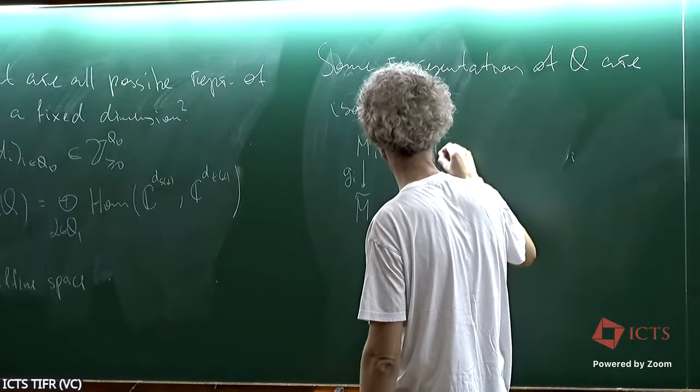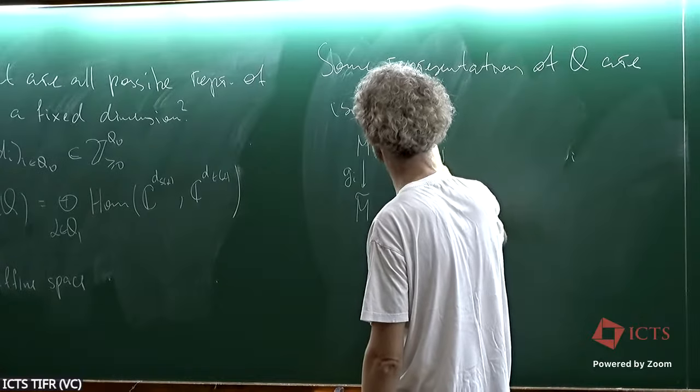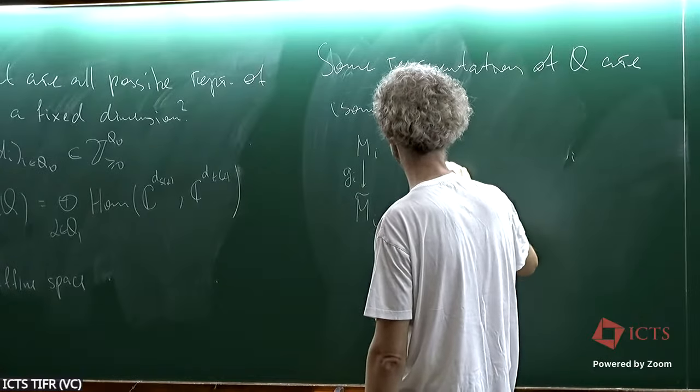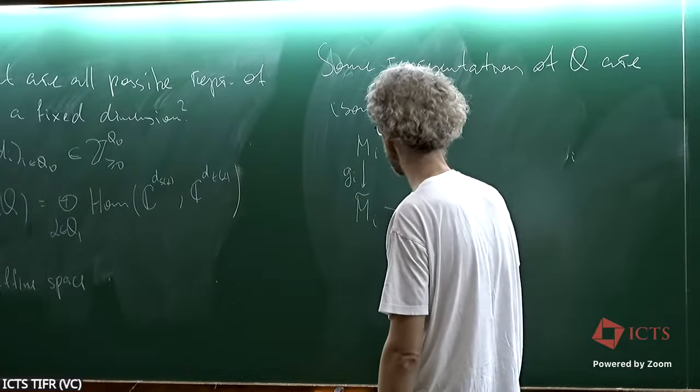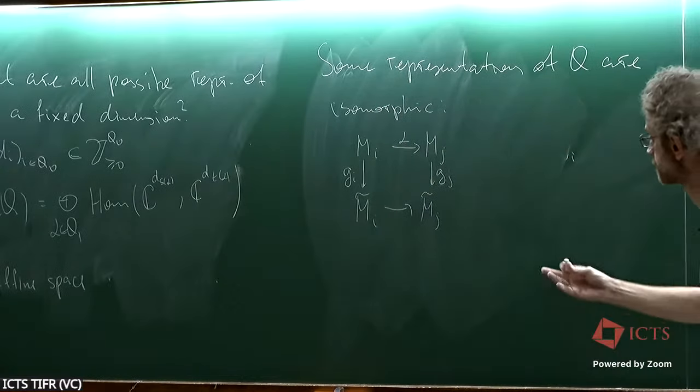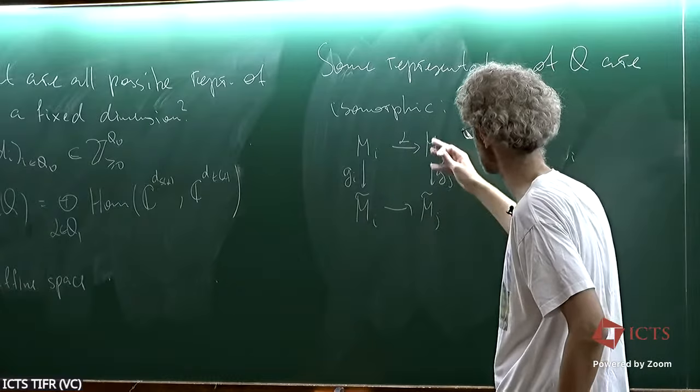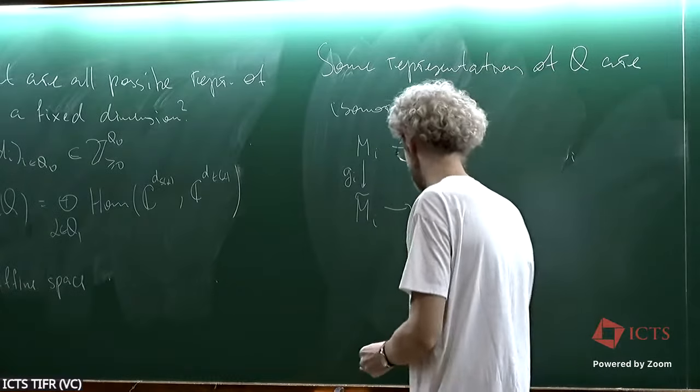If we have an alpha from M_i to M_j, with g_j to M_j tilde, this diagram has to be commutative. This is an isomorphism between M and M tilde.